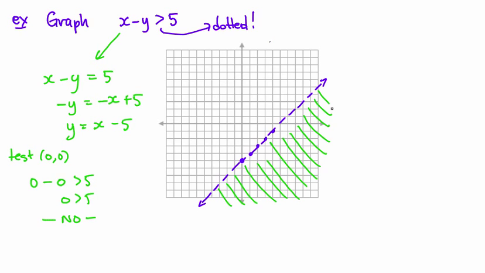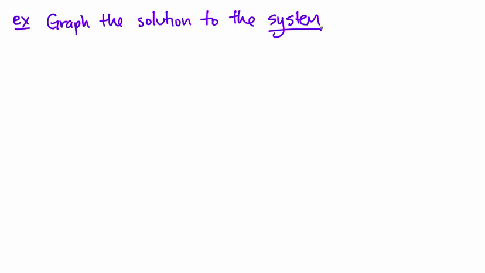Okay, let's take a look at a little bit more complicated question. In this case, we're going to take a look at how we can find the solution to a system of inequalities. My system of inequalities is going to be x minus y is greater than or equal to 4, and x plus 2y is greater than 4. So what I have to do here is I need to graph both of these.